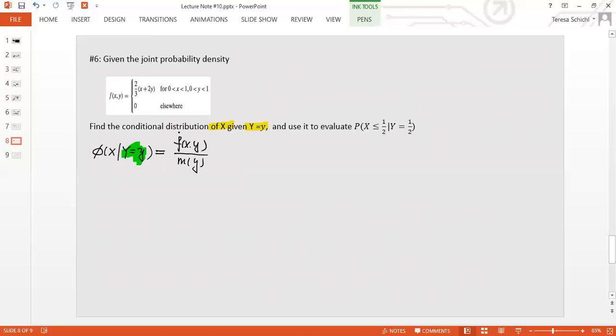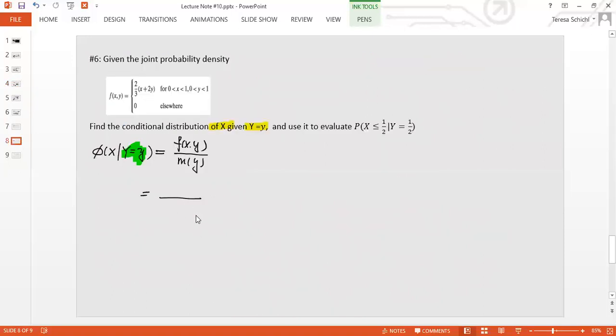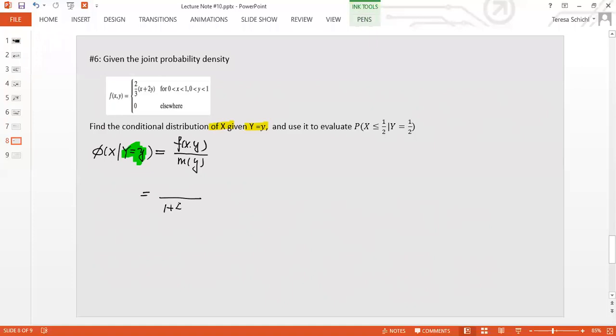This is the example we did a while ago in the previous video, so we don't need to redo the marginal. Do we have the marginal? Yes, here. It's (1 plus 4y) over 3. Good job. Then f of x, y is 2/3 times (x plus 2y), correct?